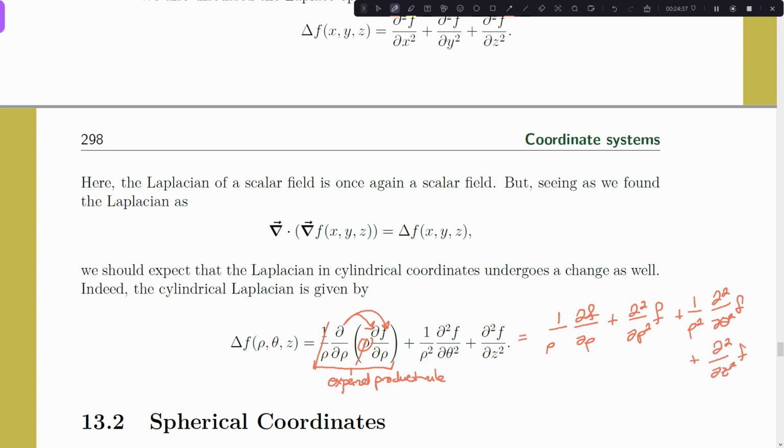This is maybe the way I like thinking about it a little bit better: we account for 1 divided by rho squared on the angular term, and then we pick up this interesting cross term, which is 1 divided by rho partial f partial rho.